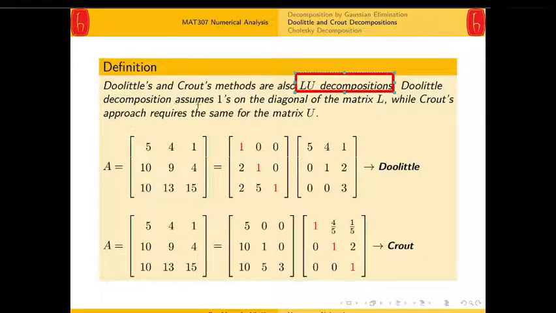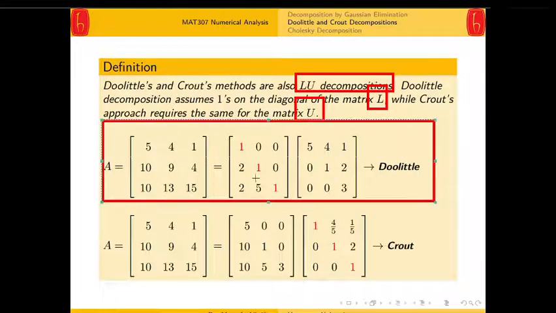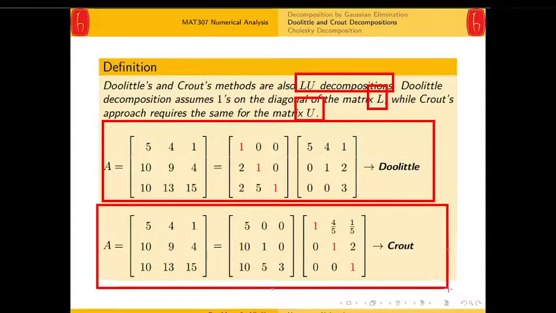Doolittle decomposition assumes ones on the diagonal of the lower triangular matrix L, while Crout's approach requires the same for matrix U. So if you consider LU decompositions of A here and there, this one will be Doolittle, because here we have ones on the diagonal of the lower triangular matrix, and in the Crout approach we will have ones on the diagonal of the upper triangular matrix. So this is the difference between these two.